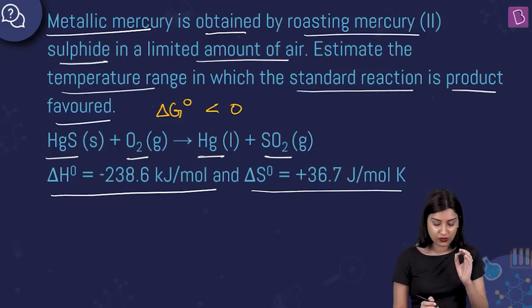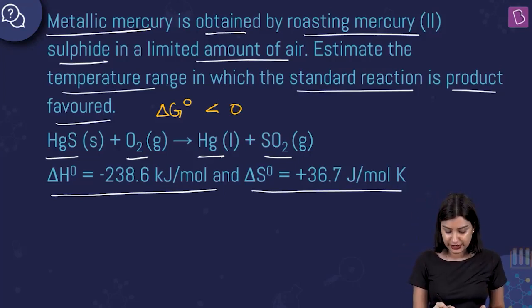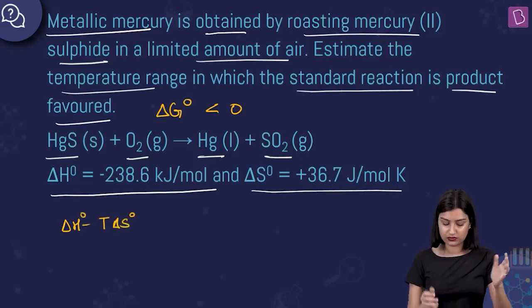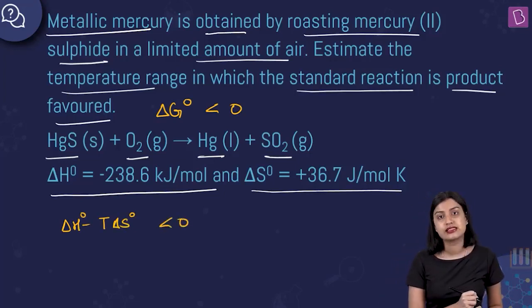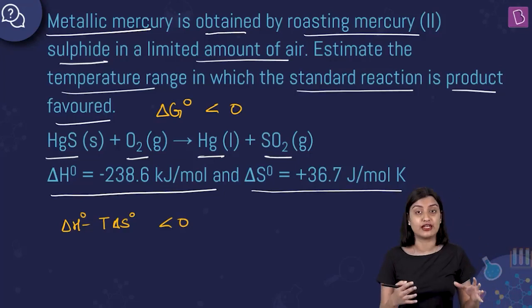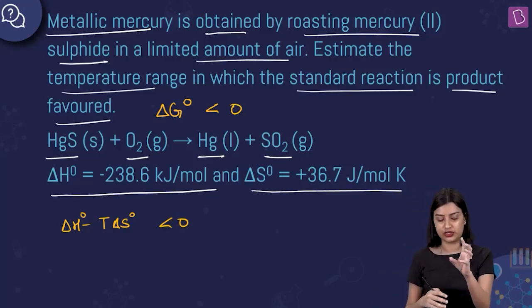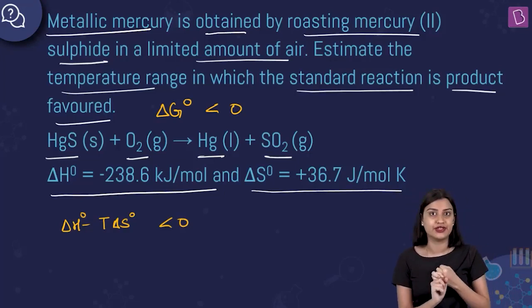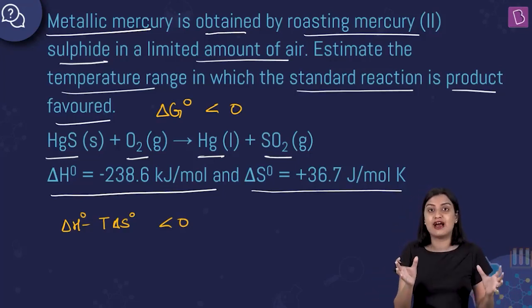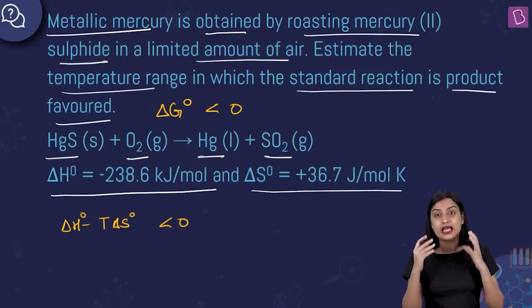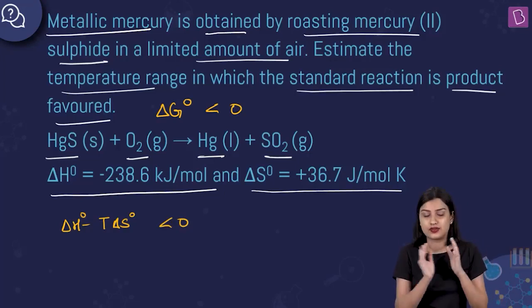We know the expression for Gibbs free energy is delta H minus T delta S. Since we are talking about standard conditions, we'll write delta H naught minus T delta S naught. This has to be less than 0. This has to be a negative value for whatever value of temperature. Delta H naught and delta S naught are given to us. So for whatever range of temperature we're getting this entire value to be less than 0, that is going to be our answer.